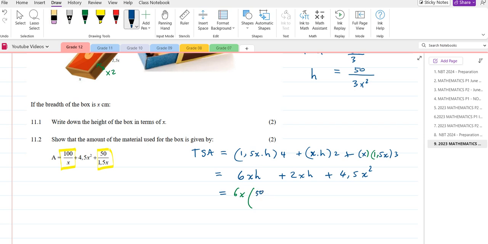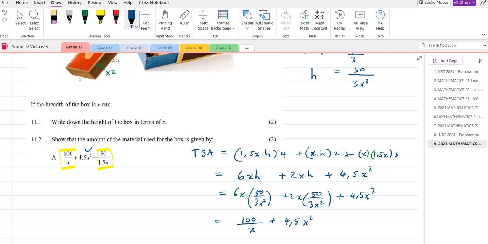So we got 6x into 50 over 3x squared, plus 2x into 50 over 3x squared, plus 4.5x squared, which is correct. Now the 6 and the 3 cancel out 2 times, and the x cancels out, so we got 100 over x. That's the first term, plus 4.5x squared.